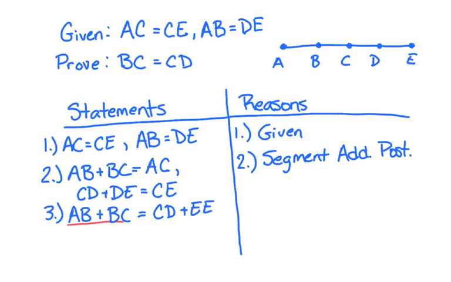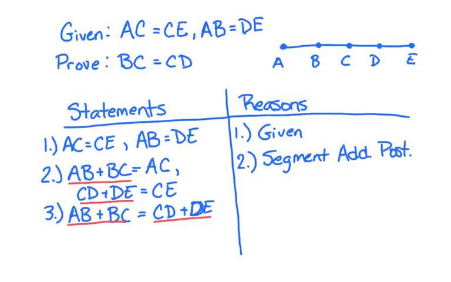We have AB here plus BC, that's that, equals CD plus DE. There, fixed it. All right, and then that's this right here. So AB plus BC equals CD plus DE.